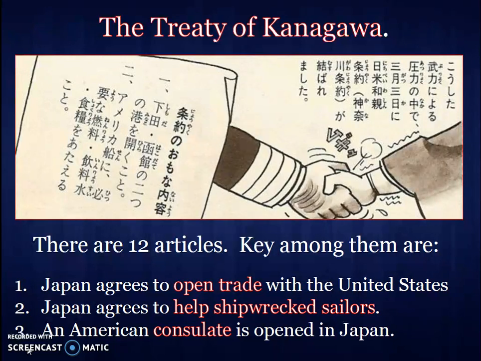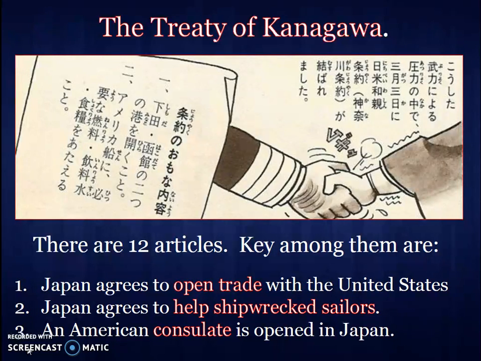And finally, Japan opens a consulate for the United States in Japan, and this is a good example of what's going to happen as we're going forward, that they're going to open some diplomatic relationship between these two countries.